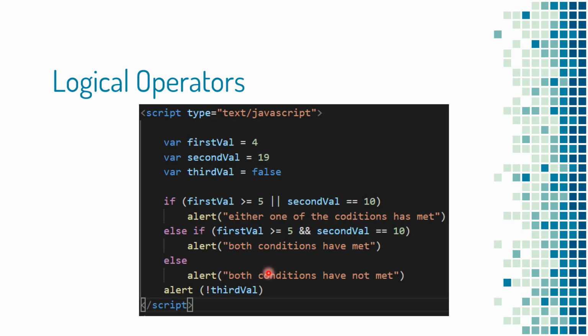The logical operators are basically three kinds, and most of the time they are used to combine or check multiple conditions. The first one is OR. When we are talking about OR, that means either one of the conditions should be true to proceed. In this case, if the first value is greater than 5, the evaluation output for this one is going to be false, but this one is going to be false too.